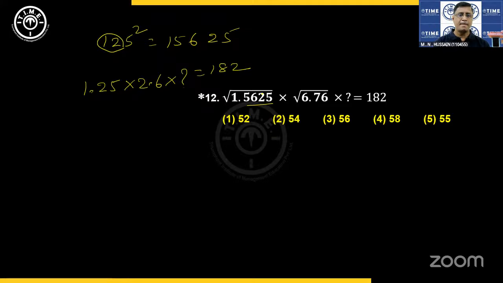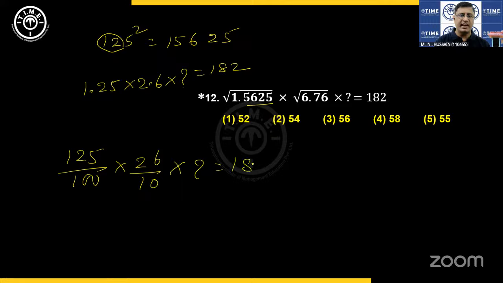Simplify. 125 by 100, 26 by 10 into question mark is equal to 182. Is it possible to simplify directly? Just check 26. Is it possible to simplify with 182? 7 times of 20, 140. 7 times of 6, 42. 140 plus 42, 182 means it was exactly 7 times.